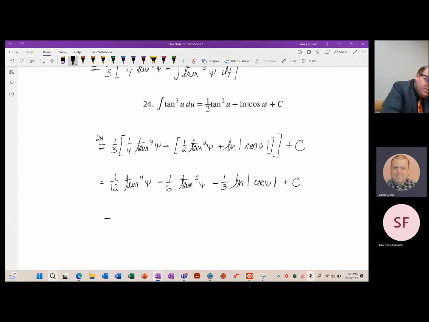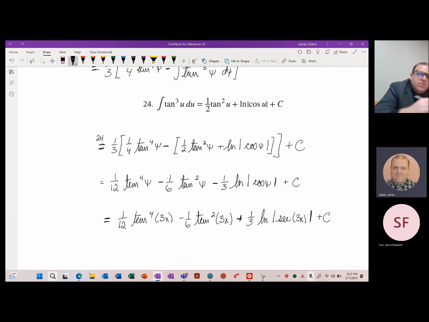Replace psi. And I'm also going to rewrite that log. Negative log of cosine is the same as log of secant.